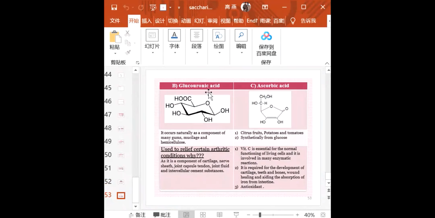And this is glucuronic acid, and this is present in a chair conformation. Okay, so you can see 1, 2, 3, 4, 5 on the methanol group on the 5th carbon is now oxidized into what?